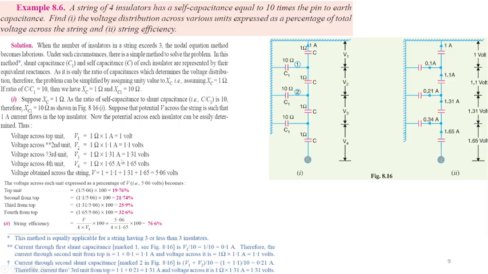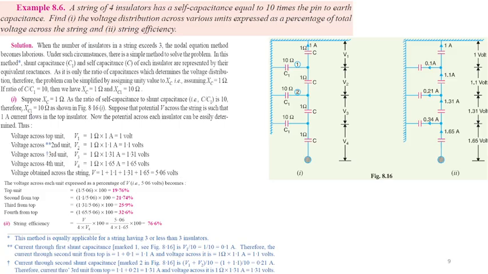So the calculated voltages are 1 volt, 1.10 volt, 1.31 volt, and 1.65 volt from the top unit to the bottom unit, respectively, giving a total string voltage of 5.606 volt.